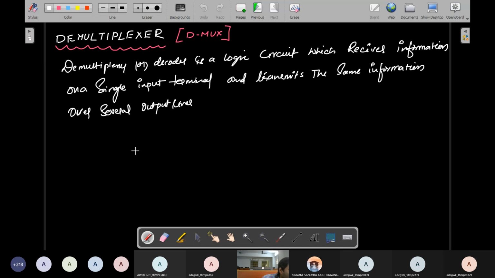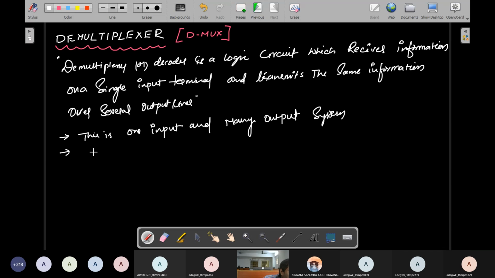Some more points I'll write here. Generally, as a simplification, it is a one input and many output system, and this is the reverse operation of a multiplexer. Similarly, it is a one-to-many circuit, also called a data distributor circuit.